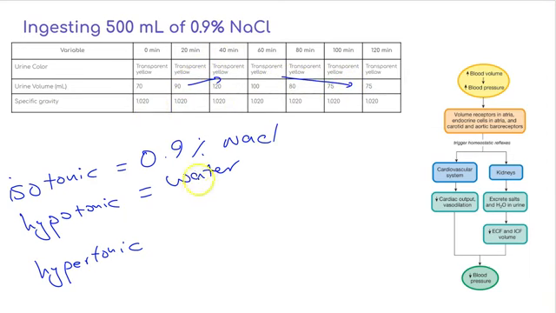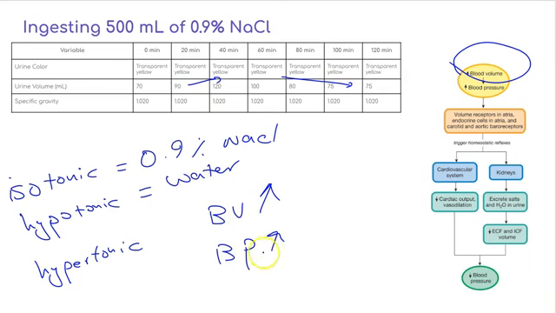What's going to happen after ingesting 500 milliliters of 0.9% NaCl? The first thing that's going to happen, obviously, is our blood volume is going to be increased. When blood volume increases, the blood pressure is also going to be increased, and then our cardiovascular system and the kidney are working hard to make sure that we return to normal blood pressure.